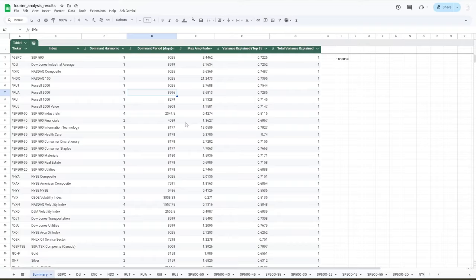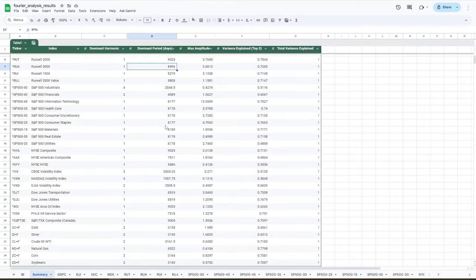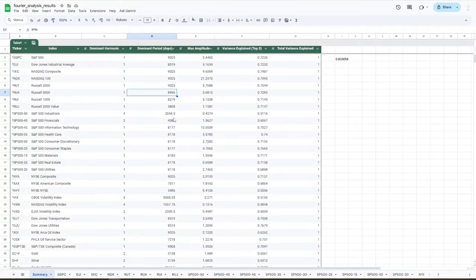So there is synchronization in markets for certain indices. When we check the S&P 500 for all sectors, we see that they all have the same dominant period, 8,178 days. So they are very synchronized, except for financial and industrial. If we go into the next column, we see the dominant harmonic.